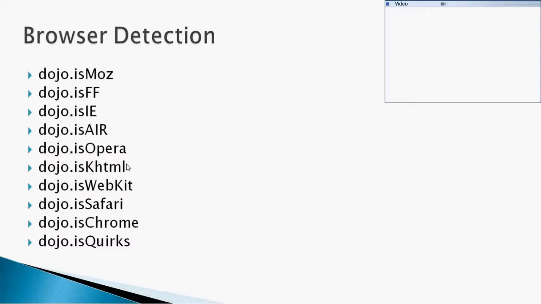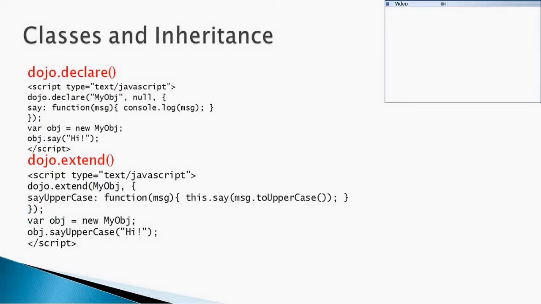Okay. Then let's come to how classes and inheritance work in JavaScript. See, by default, JavaScript doesn't provide you class kind of functionality. Everything is an object inside JavaScript. That's why I have added in the meeting that you should know a bit of JavaScript to know how things work in Dojo.